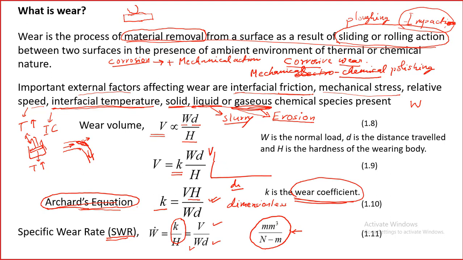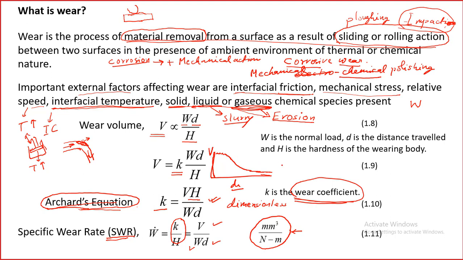Initially you will find that the wear volume is very high, and then as sliding continues, the wear volume will go down. The rate of mass removal or rate of volume removal will come down. This happens almost in all cases, but in some cases it will happen much more than in others.